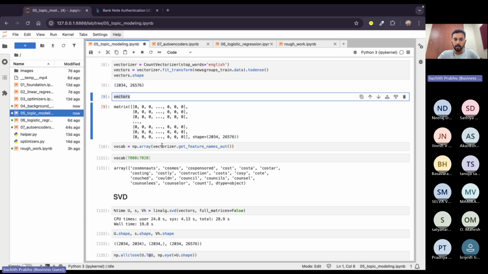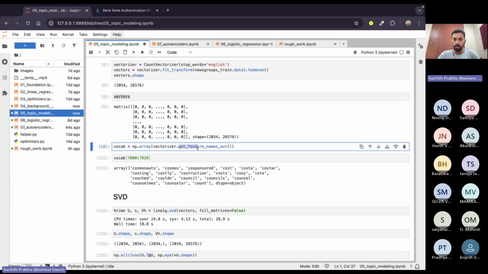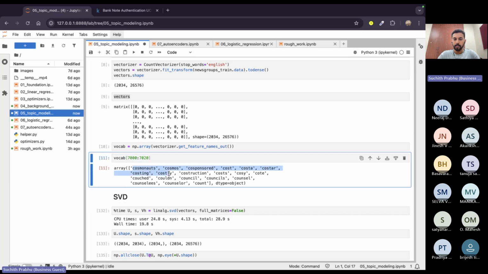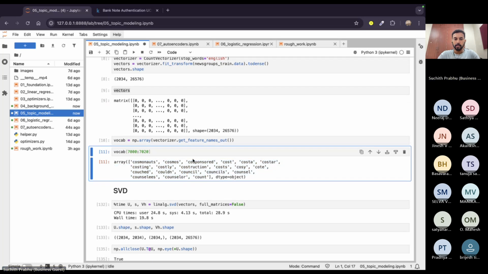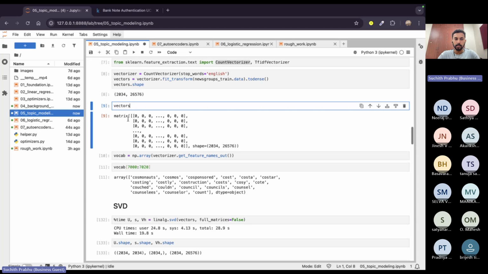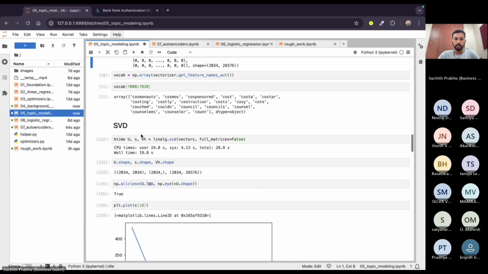By calling get_feature_names_out, you can get the actual text corresponding to each column, and here are some of the terms present in the corpus. To model the topics, we'll just take this matrix and perform decomposition on it.